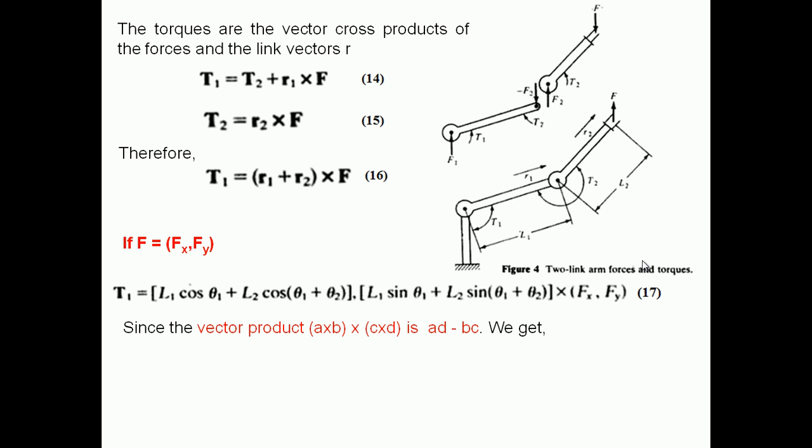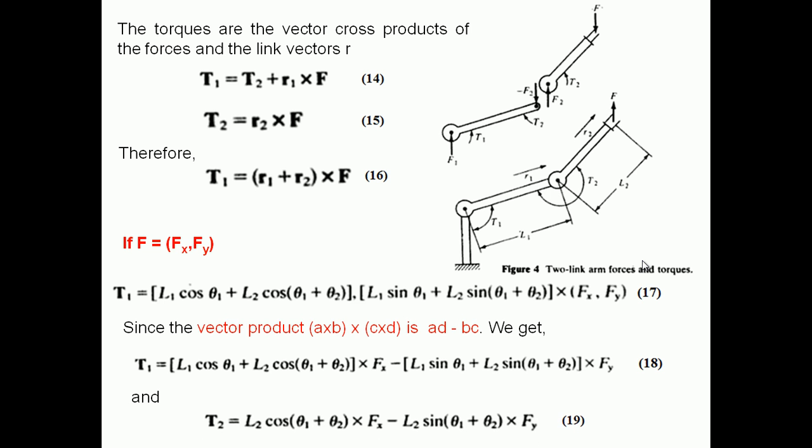So if you are multiplying this, we will get T1 as L1 cos theta 1 plus L2 cos theta 1 plus theta 2 multiplied with Fx, the force acting on x, minus L1 sin theta 1 plus L2 sin theta 1 plus theta 2 multiplied into Fy. So the 18th equation is very important to calculate the torque acting on the link.